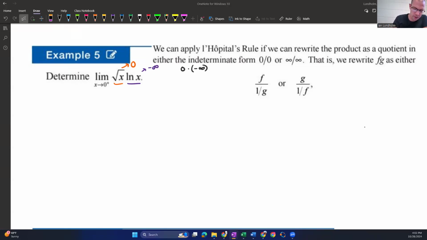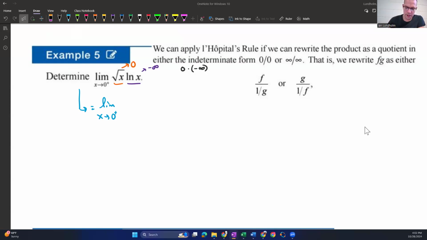All right, so let's use blue. This one's not L'Hopital's rule yet. I'm just going to change it so that one of these goes on the bottom of a fraction. We could put either of them on the bottom of the fraction, but the one that's going to be easier to work with, even if it's in the denominator, is the square root.